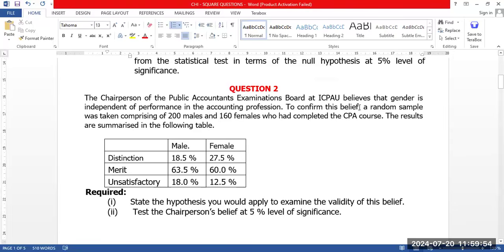To confirm this belief, a random sample was taken comprising 200 males and 160 females who had completed the CPA course. The results are summarized in the following table.